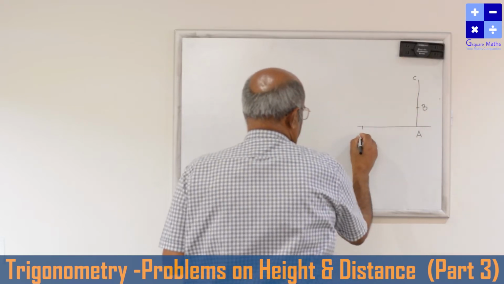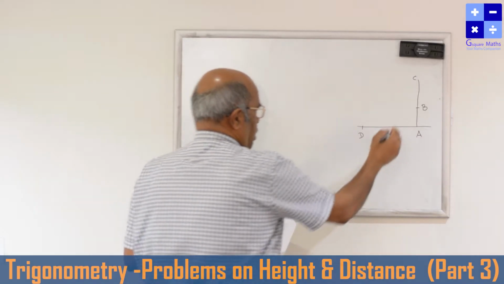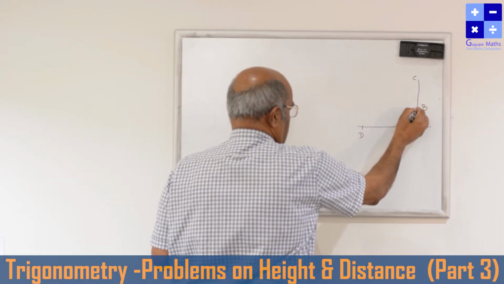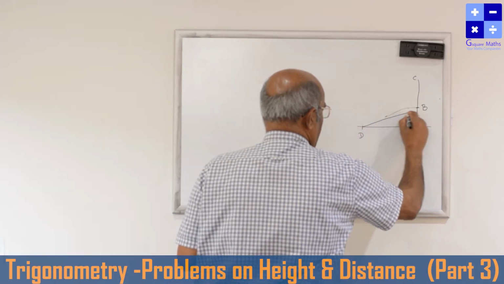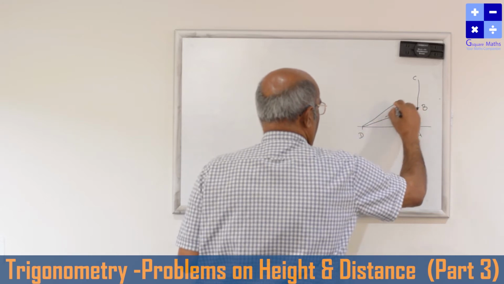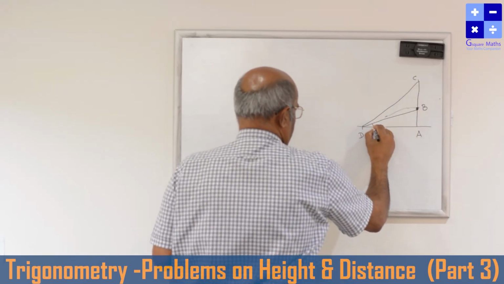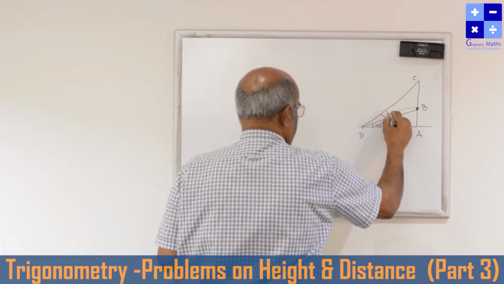And the man who is standing on the same ground level, D, is observing the bottom and top as 45 degrees and 60 degrees.